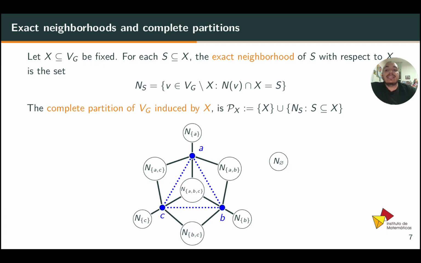As you can see, this is in fact a partition of the vertices of the graph.